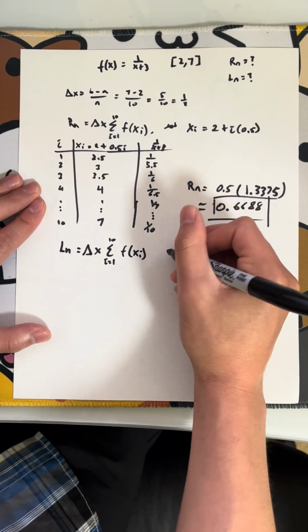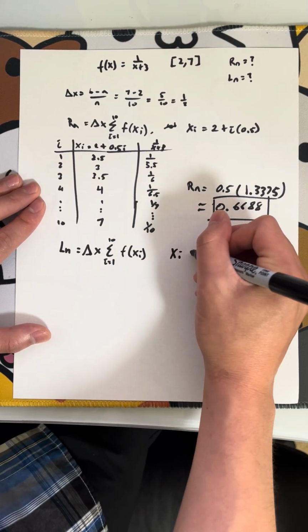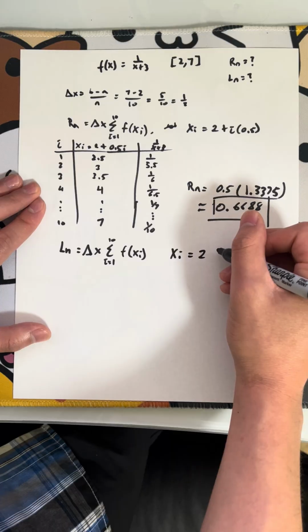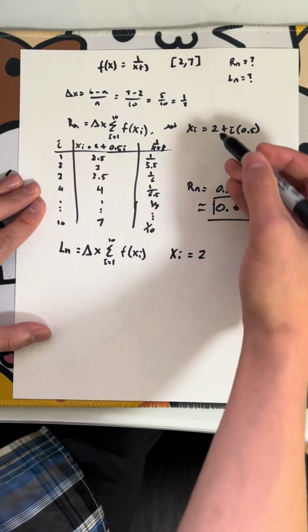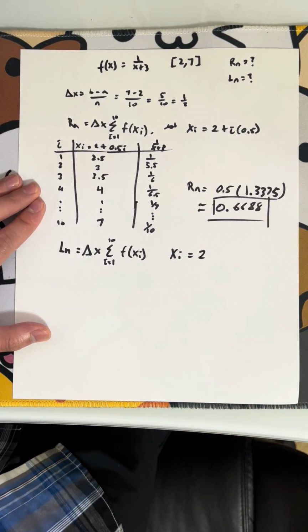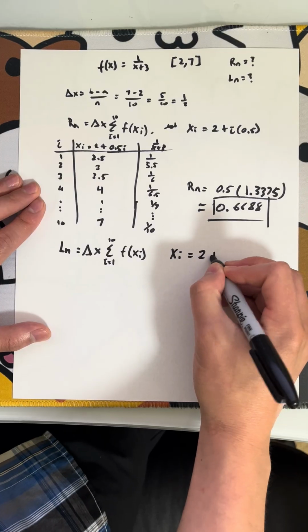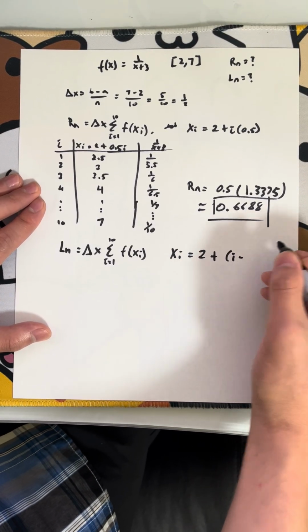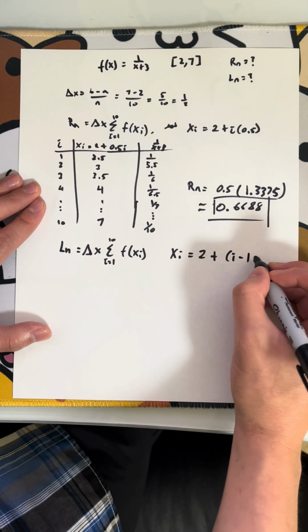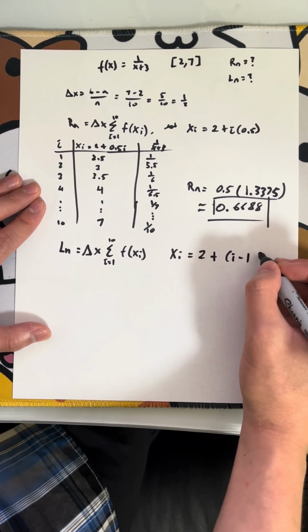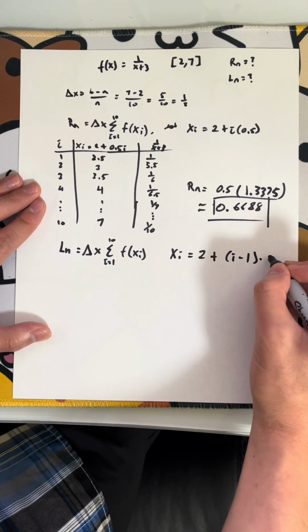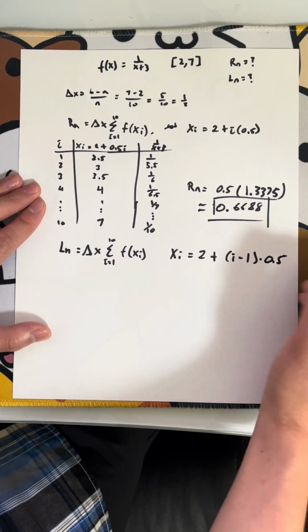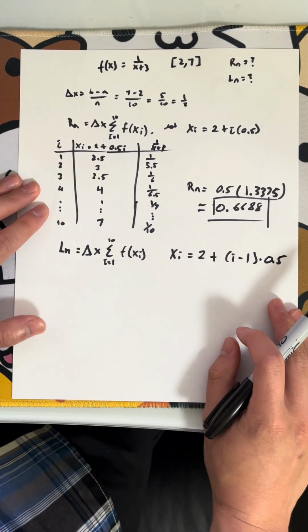However, the sample point is equal to 2 plus i minus 1 times 0.5. The reason it's 2 is that's the starting point, and 0.5 is the width of the rectangles.